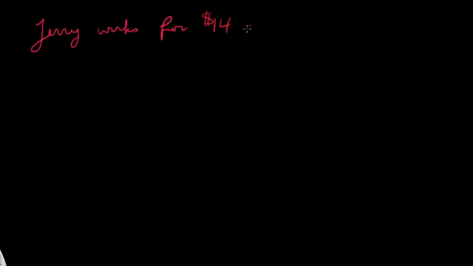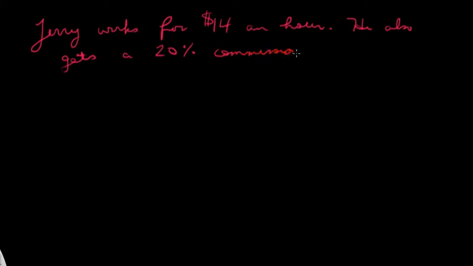He also gets a 20% commission on all his sales. So we can assume that Jerry works in some sort of store, and he gets paid $14 an hour, which is actually wage. And on top of that, he's going to get a 20% commission on all his sales. A commission just means kind of a bonus on all of the things that he sells.